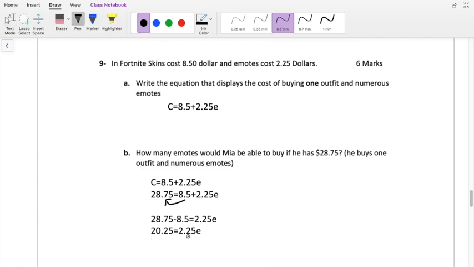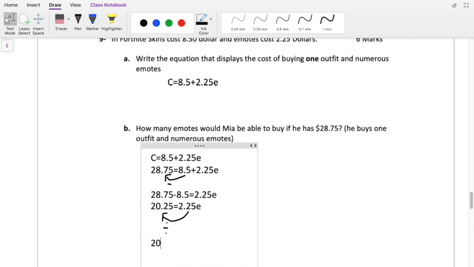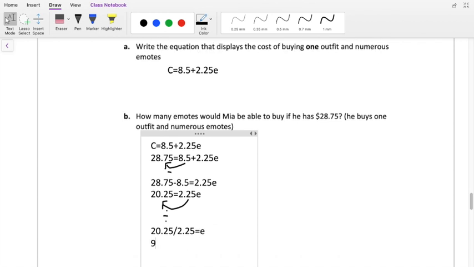If I move it over, it's going to do the opposite, and that's going to be a divide. So 20.25 divided by 2.25 equals 9. So the answer is 9 equals E.